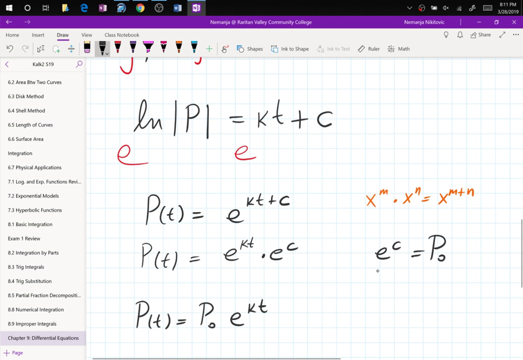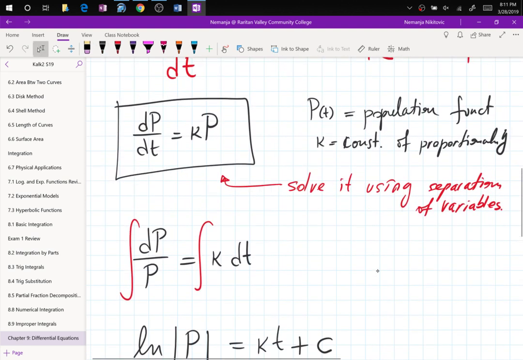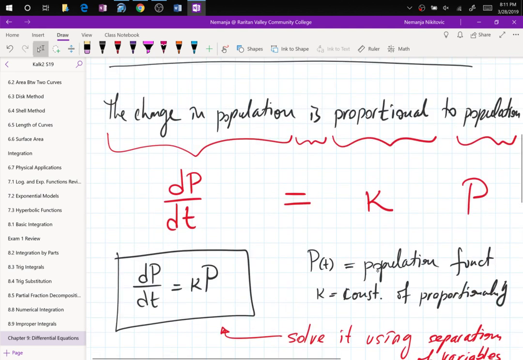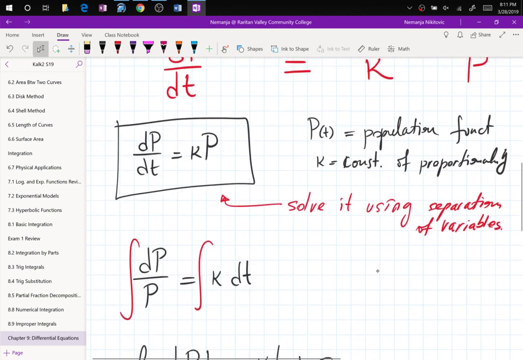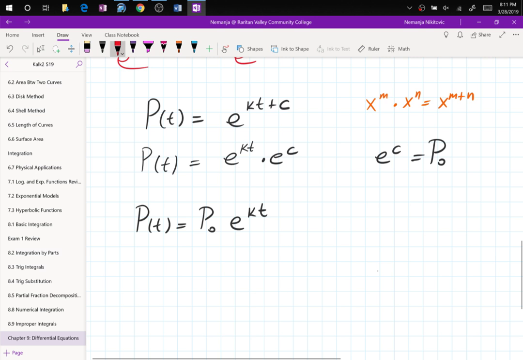See, this doesn't materialize out of nowhere. We started with a sentence that makes sense, that the change in population is proportional to population, and then we just follow the math, and at the end it spits out what is known to be the worst model for population.